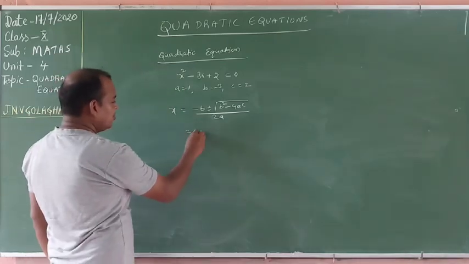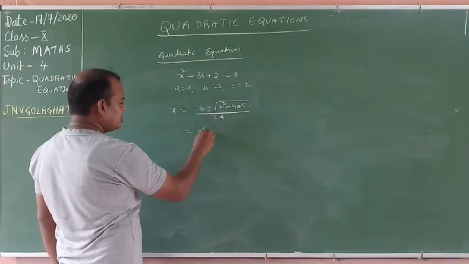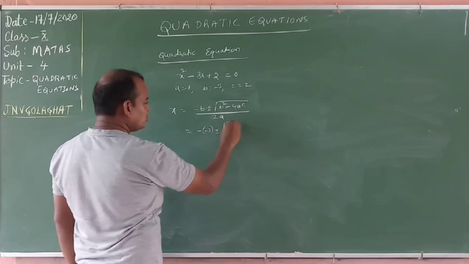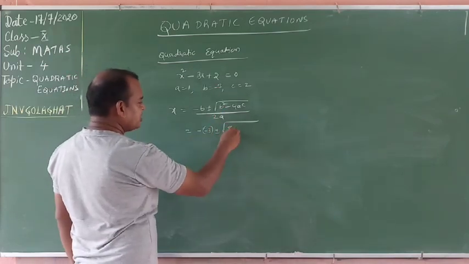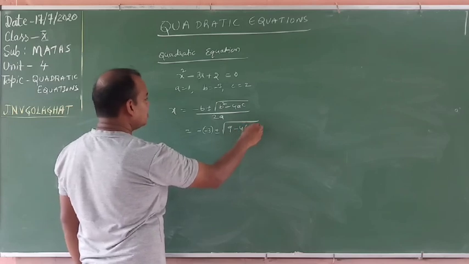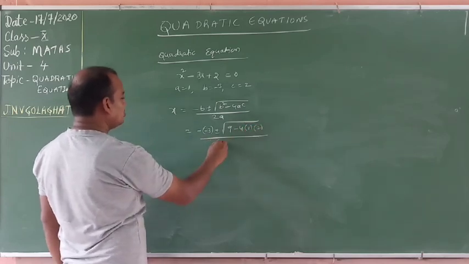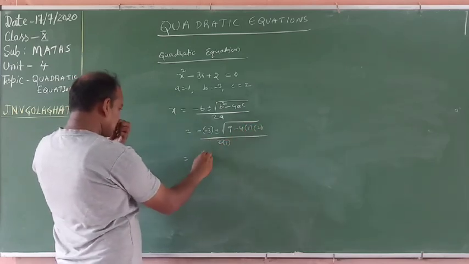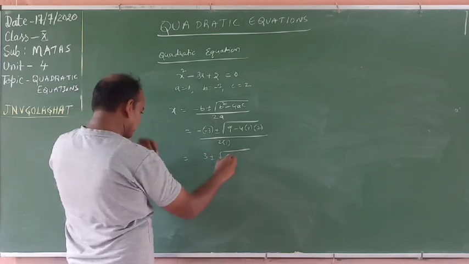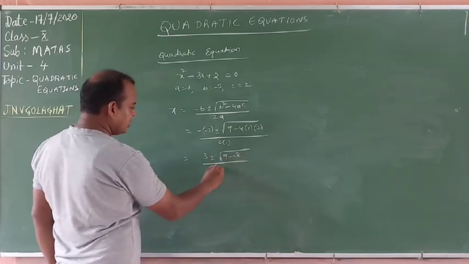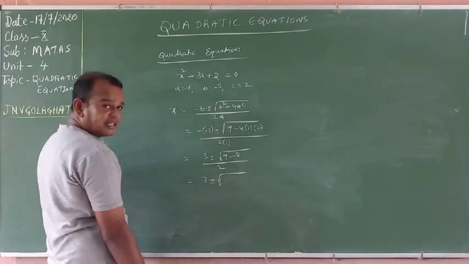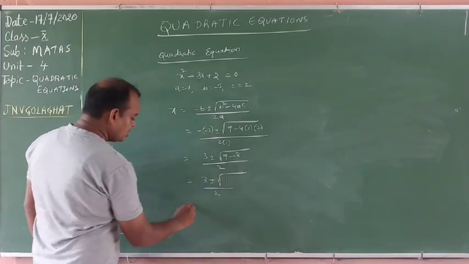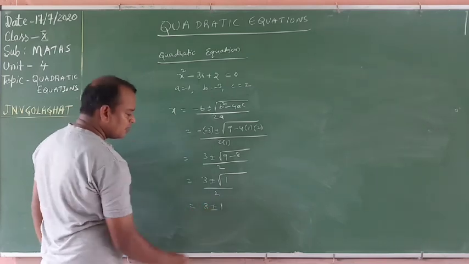Now substitute: minus b value is minus 3, plus or minus root over b square, minus 3 whole square means 9, minus 4ac, a value 1, c value 2, by 2a, 2 into 1. This is 3 plus or minus root over 9 minus 8 by 2. 9 minus 8 means 1, so 3 plus or minus 1 by 2.